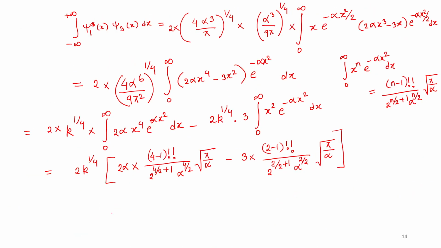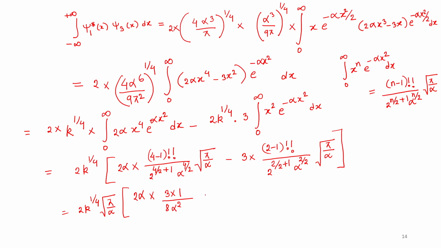Okay, so we can take 2k to the power 1 by 4 into root pi by alpha outside. What we are getting: 2 into alpha into 3 double factorial, which is nothing but 3 into 1, right? Divided by 2 into 2 plus 3, which is 8 alpha square.